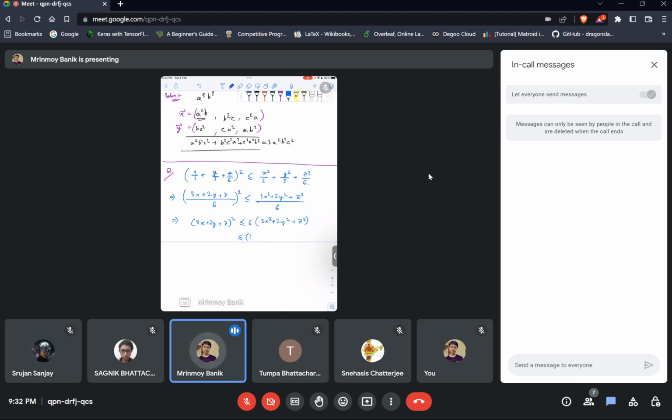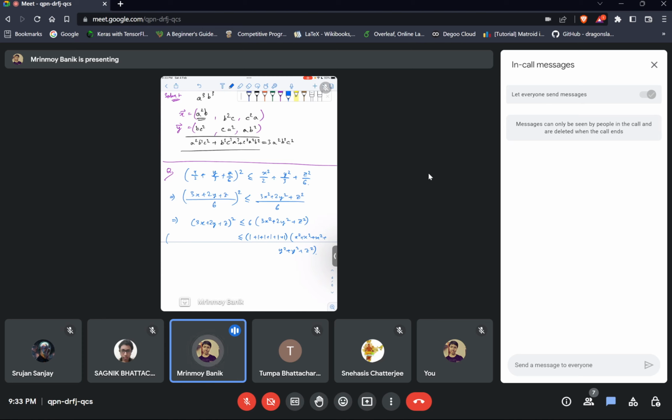Now you can take 1 plus 1 plus 1 plus 1 plus 1 plus 1 as the first vector, and x squared plus x squared plus x squared plus y squared plus y squared plus z squared as the second vector.